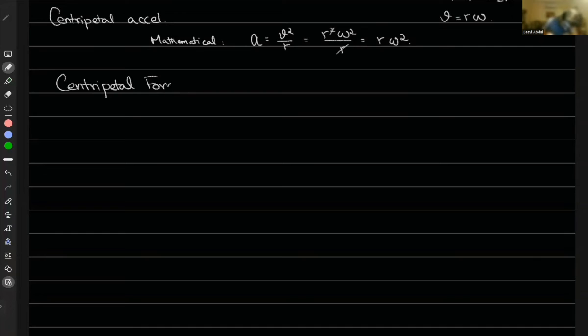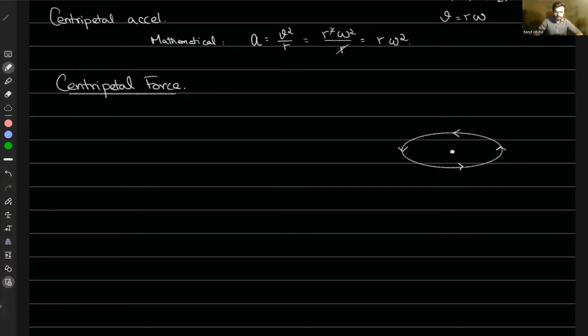centripetal force, right? Now, centripetal force is, imagine that I have a body and suppose that it's moving in a circle. So let's see, I have, this is the center, and a body moves around the center in this circular path, right? So suppose it's moving like this.